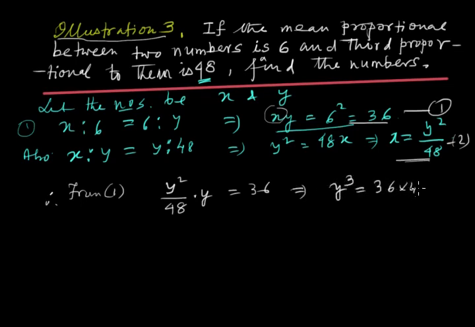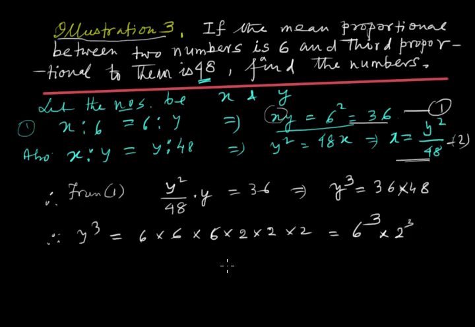So y cube is equal to 36 into 48. Now if we do the prime factorization of 36 and 48, we see that the result comes to 6 raised to the power 3 into 2 raised to the power 3. Therefore, clearly you can write that y is equal to 6 into 2, that is 12.